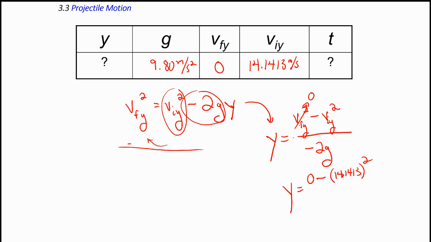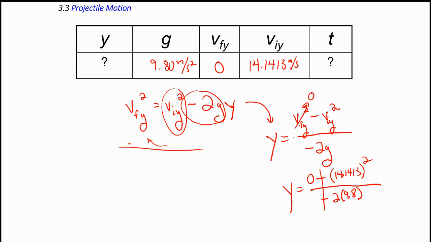Now realize it's 0 minus that, so it's not this negative number squared. It's actually still going to be negative. That's good because on the bottom I've got negative 2 times my 9.8. So basically these negatives are going to become positive. So really what I'm doing is taking the velocity squared divided by 2 times my acceleration of gravity.